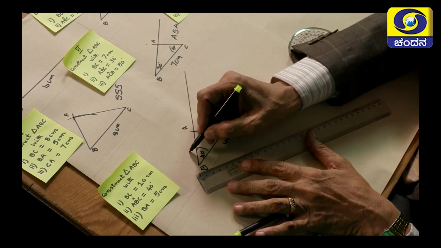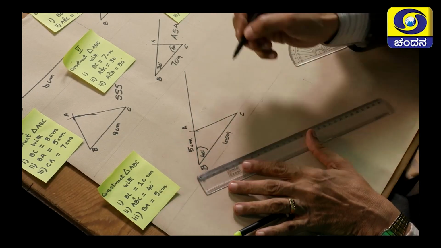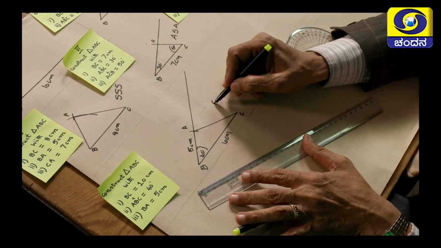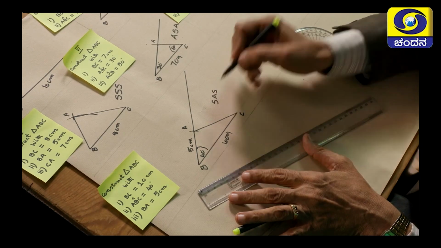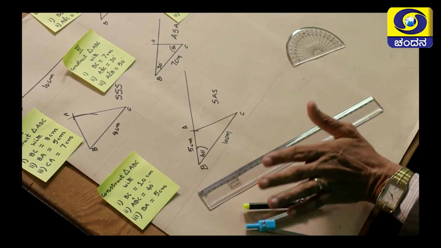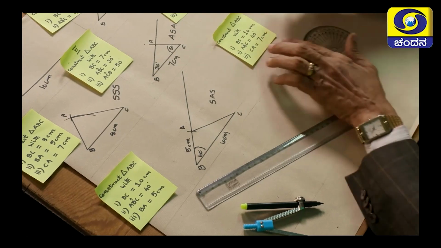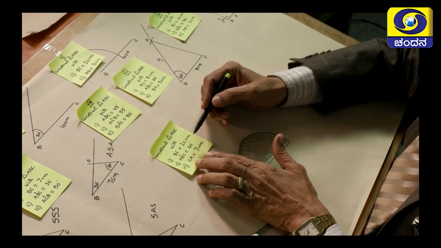Here this is AB, 5 centimeter. So this is again the case of two sides and an angle. We will write this as yes, yes.